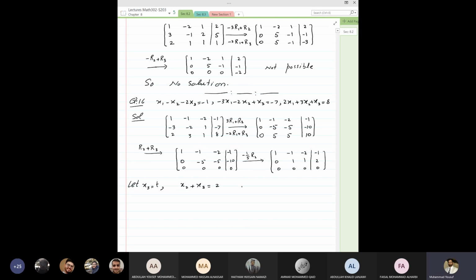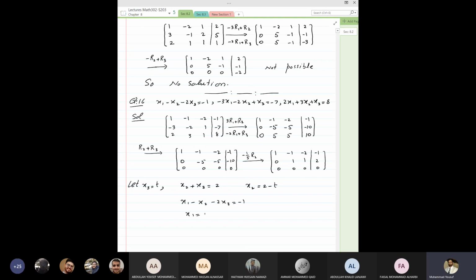Then the second row, X2 plus X3 equal to 2, gives you X2 is equal to 2 minus X3. X3 is T, so 2 minus T. And the first row gives you X1 minus X2 minus 2X3 equal to -1.